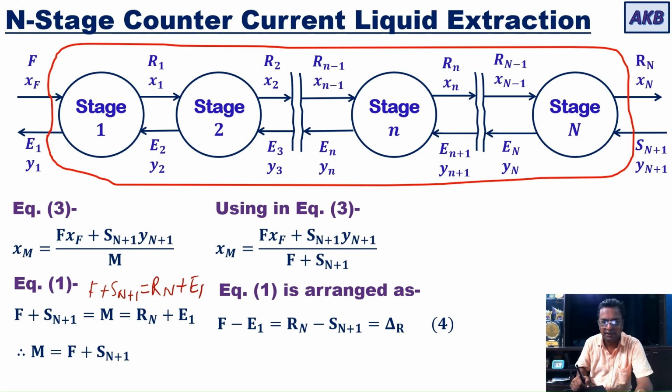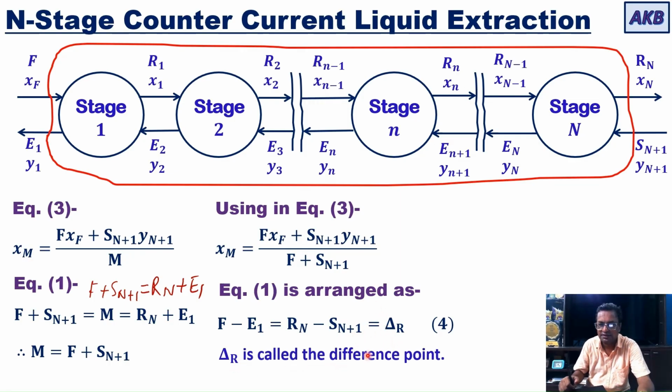Now this E1 is brought on this side, so it is F minus E1, and that is equal to Rn minus Sn plus 1. And this difference, I am denoting it by delta R.